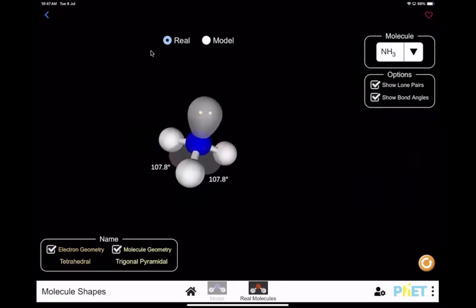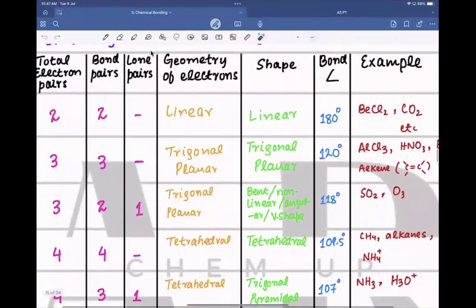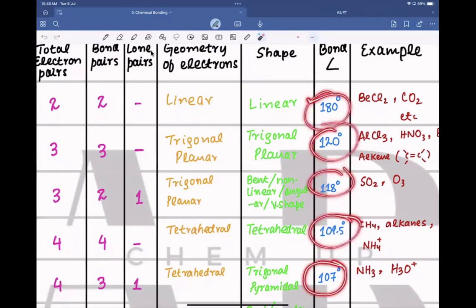They are showing 107.8, but they show you the concept that it is decreased from 109.5, right? Yes, sir. Cambridge accepts 107 only, but in this model, when I show the bond angle, they keep it the same. That's why I have mentioned the bond angle over here. Is this clear? Yes, sir. So for Cambridge, you are going to use these values only.